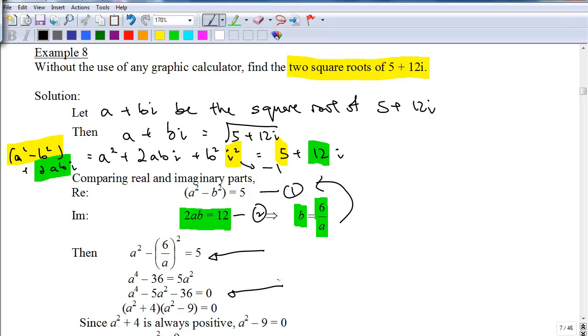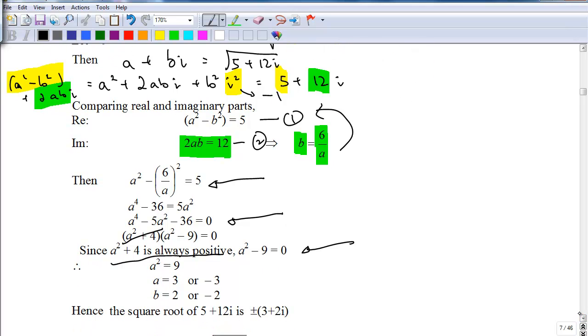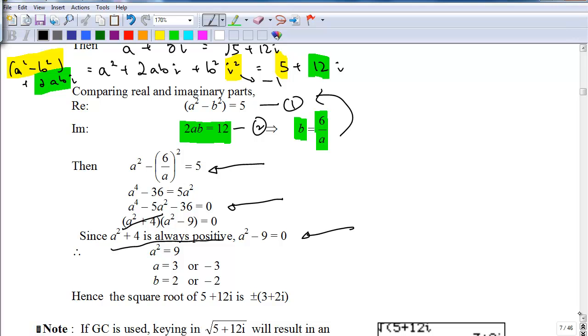Because a is real, a squared plus 4 is always positive, so I can divide by this number on both sides, leaving just a squared minus 9 equals 0. Taking square root on both sides, a is 3 or minus 3. If a is 3 or minus 3, that gives b to be 2 or minus 2 based on this result. So the square root of 5 plus 12i is plus minus (3 plus 2i).